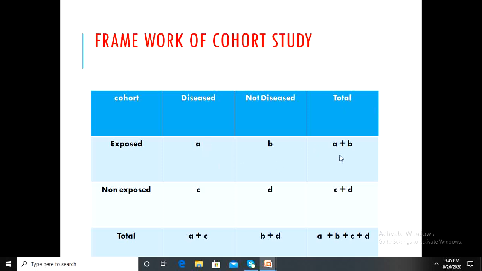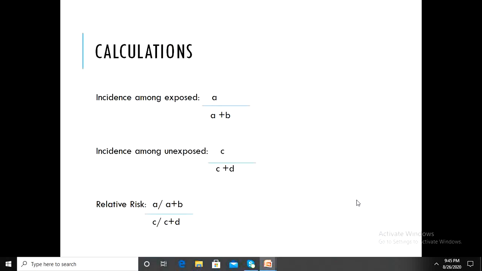So A over A plus B will make the incidence among exposed. And the number of cases which have occurred in the non-exposed population, out of the total non-exposed population, will give us incidence among non-exposed. So C over C plus D will give us incidence among non-exposed. As you can see, incidence among exposed is A over A plus B. Incidence among unexposed is C over C plus D.